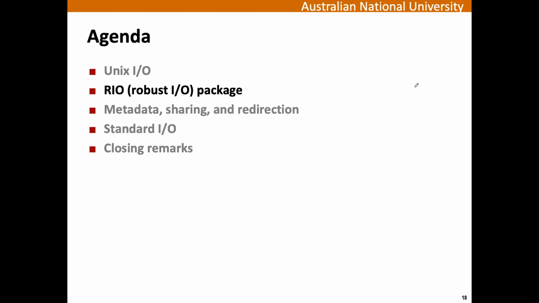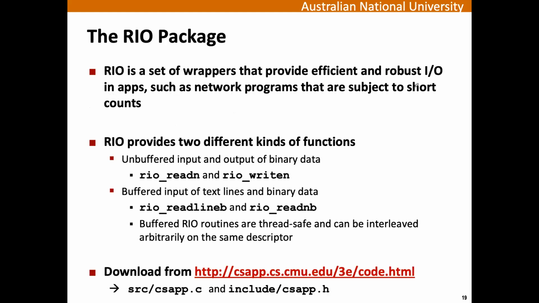So it's a good thing to understand what this package is trying to do. All right, so RIO stands for robust I/O, the set of wrappers that provide efficient and robust I/O.